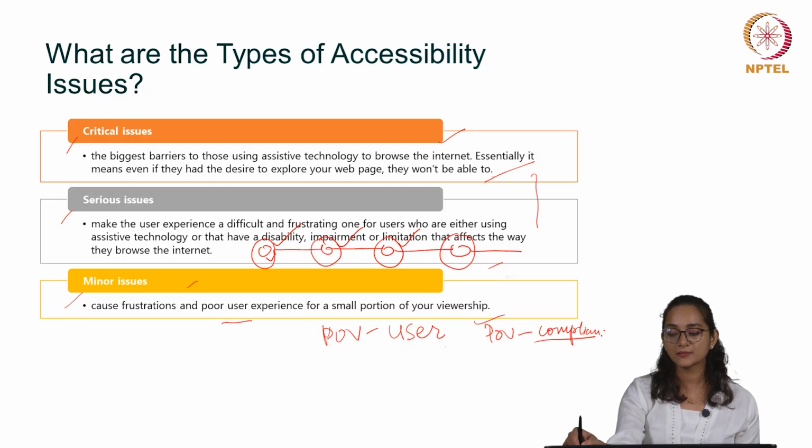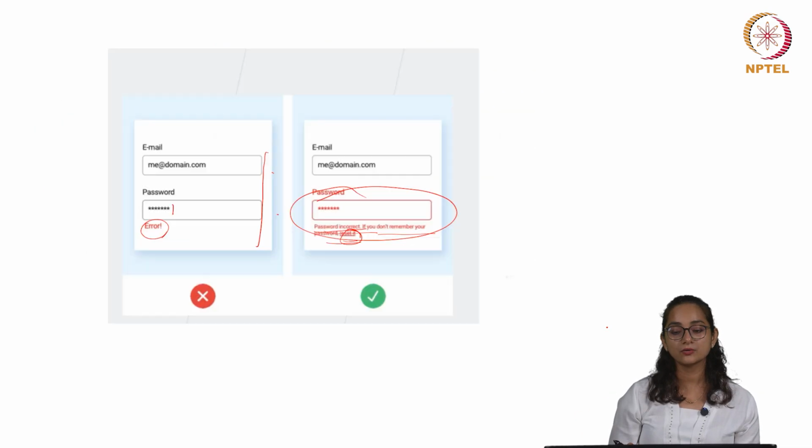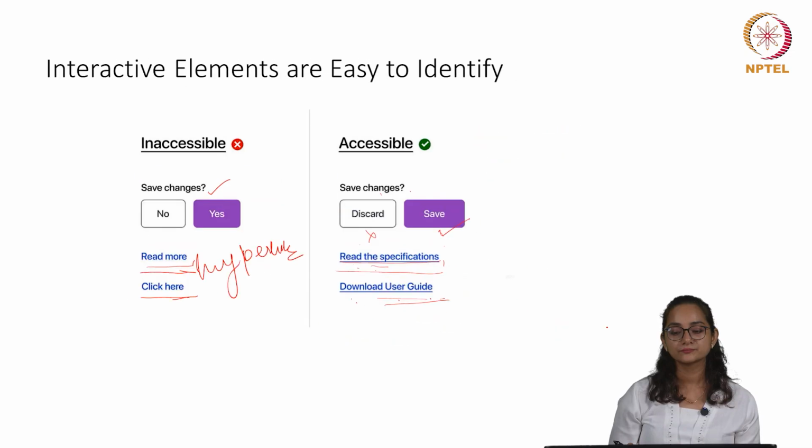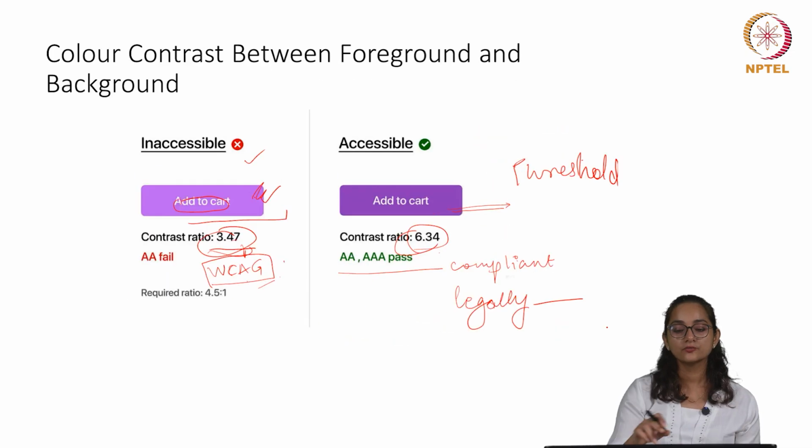So as I had showed you one of the images from a user's perspective, that add to cart, so I can go back. So for example, this one, from a user's perspective, the color contrast might not be affecting that much, but for a low vision user it is impacting.